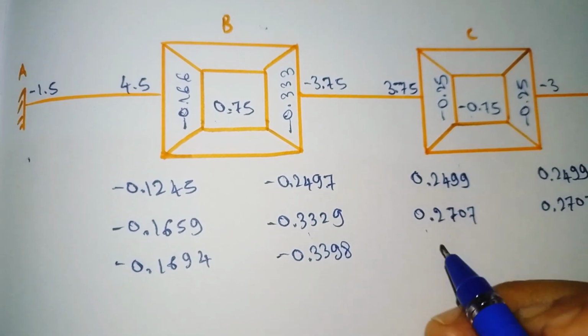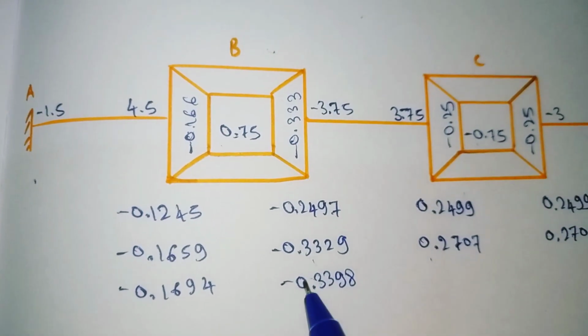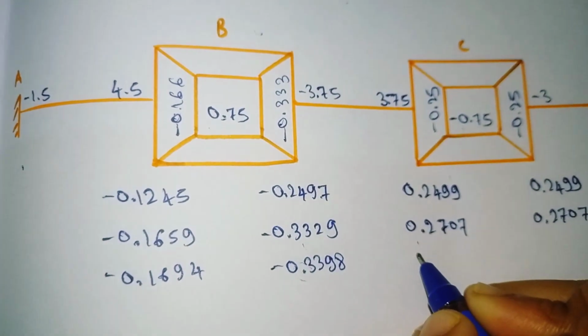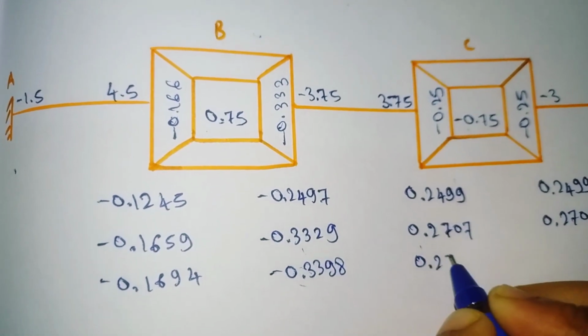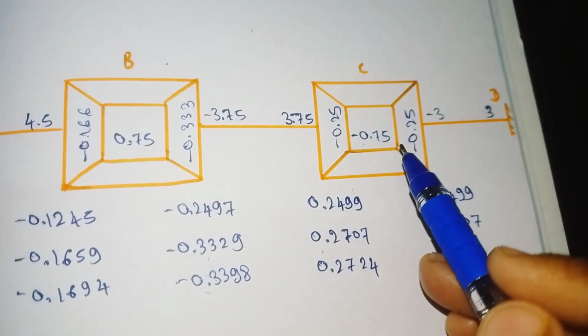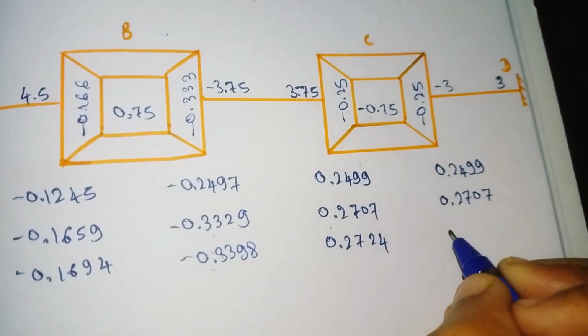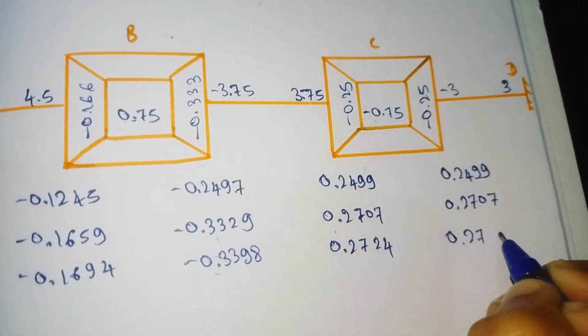For this value into this value plus this value, it will come out as 0.2724. For this value into this value plus this value, it will come out as 0.2724.